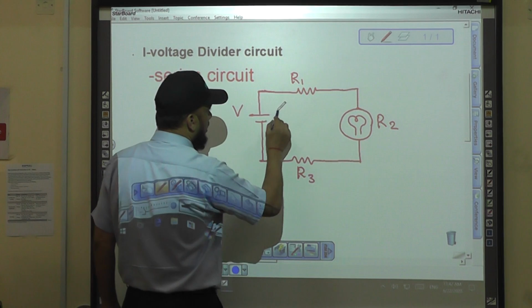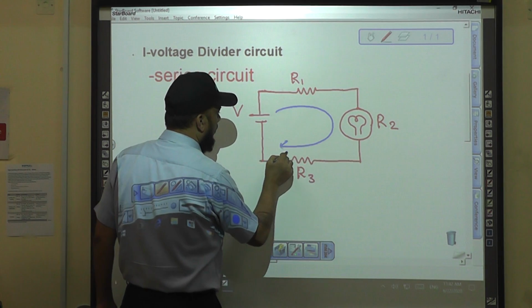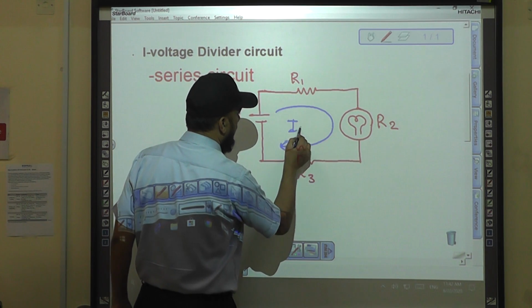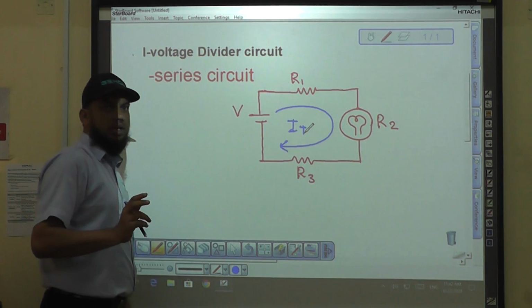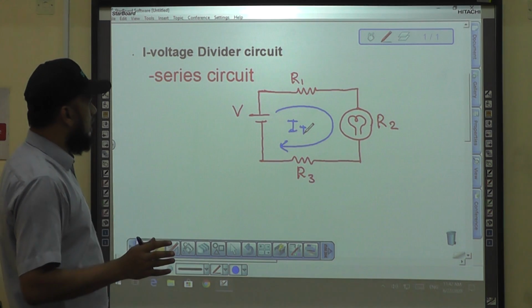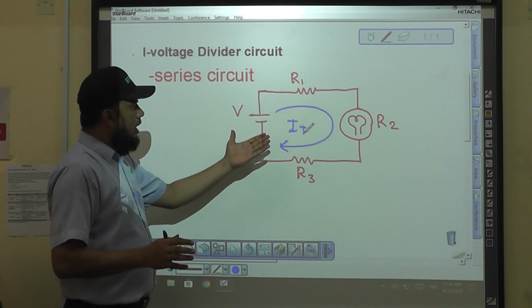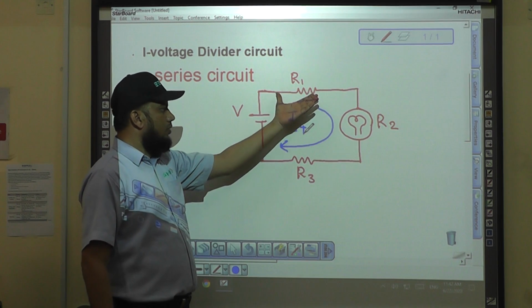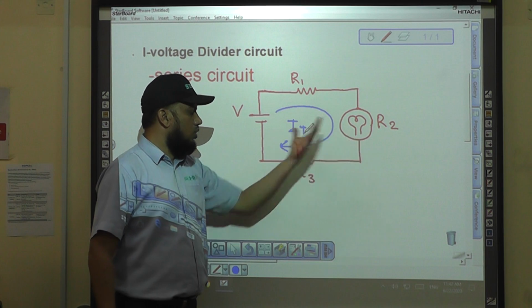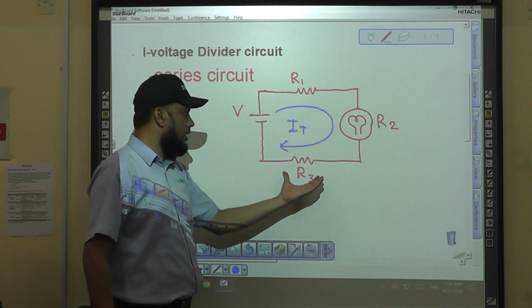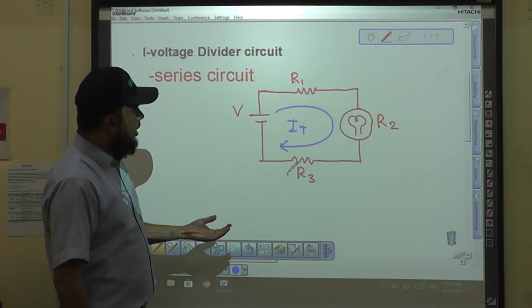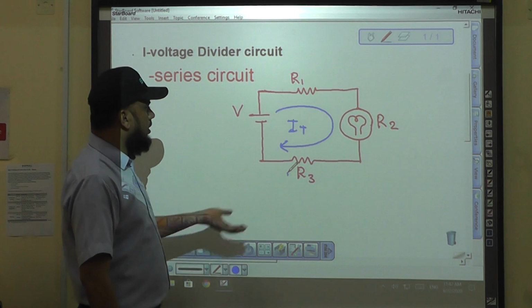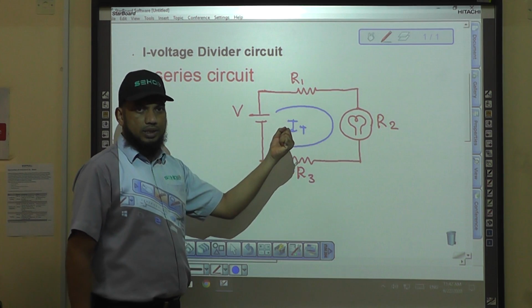Here we can see the flow of current in this circuit is only one in all devices. We will learn how to calculate the different voltage drops in R1, R2 and R3, and in the same way the total current IT.